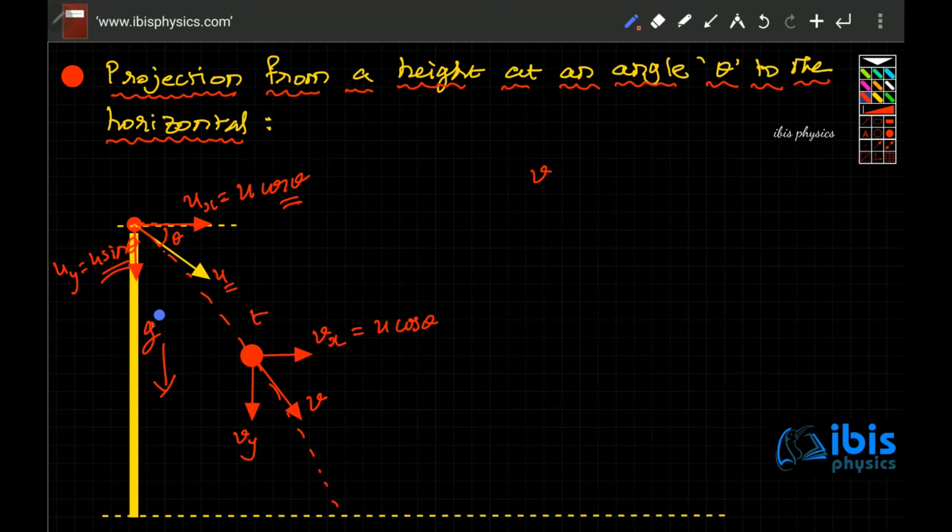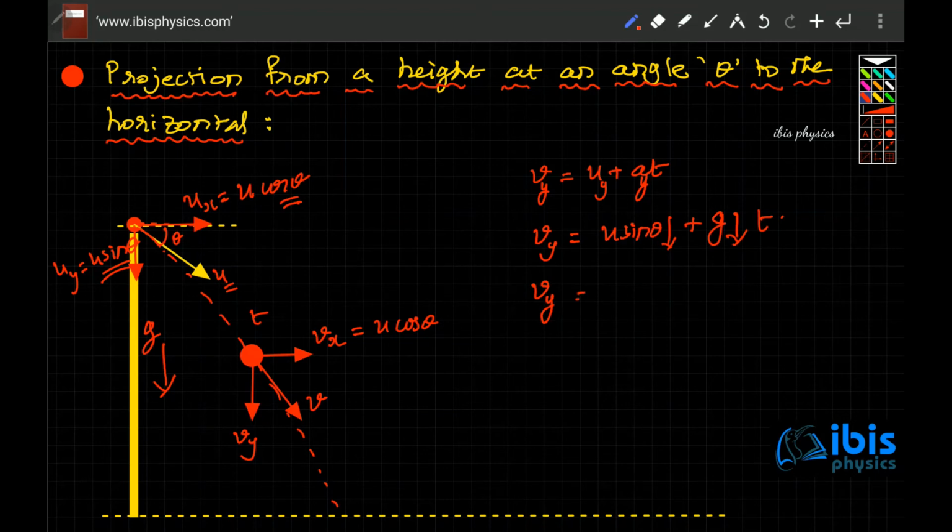Using v equal to u plus at, the y direction velocity equals the initial y direction velocity, which is u sin theta downwards, plus acceleration g downwards into t. If you assume downward direction as negative, Vy equals minus u sin theta minus gt.